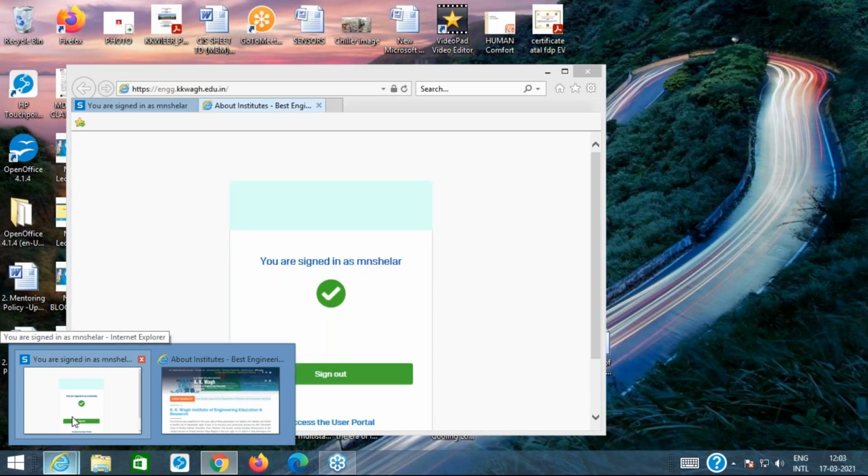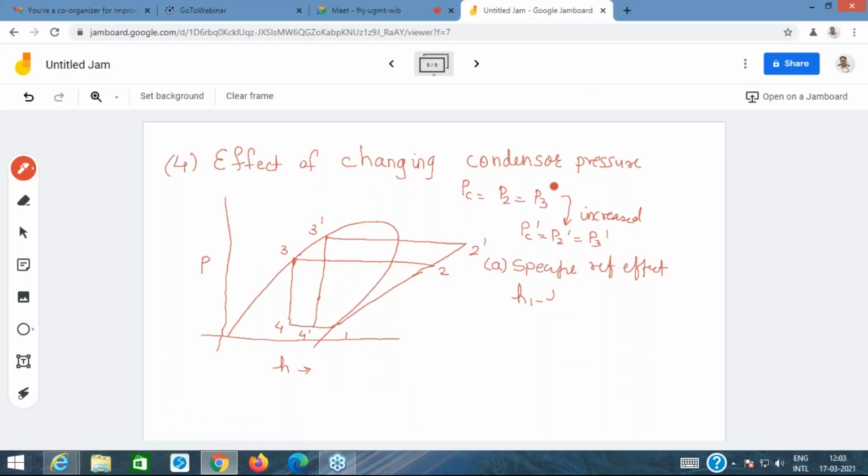H1 minus H4 was the specific refrigerating effect earlier, and now it has changed to H1 minus H4 dash. So whether it has increased or decreased? From the diagram, it is clear that the specific refrigerating effect has decreased, which is not desirable. What happens to the specific compressor work?